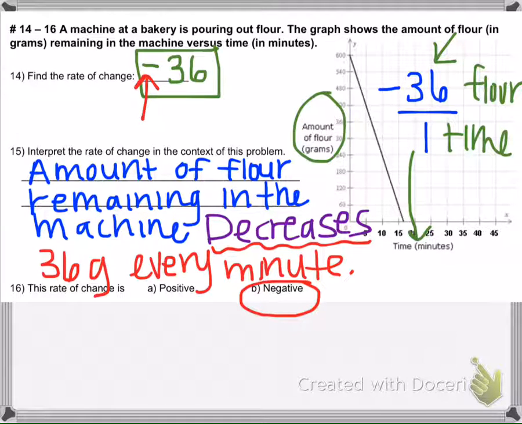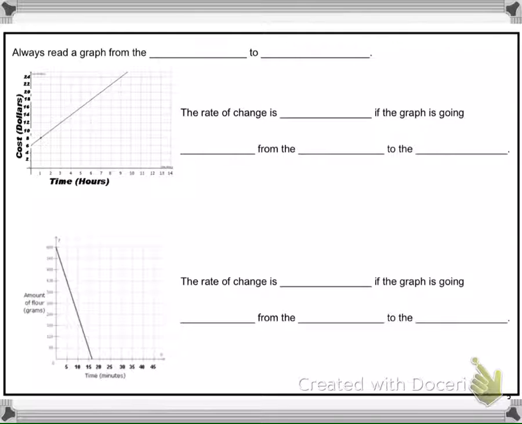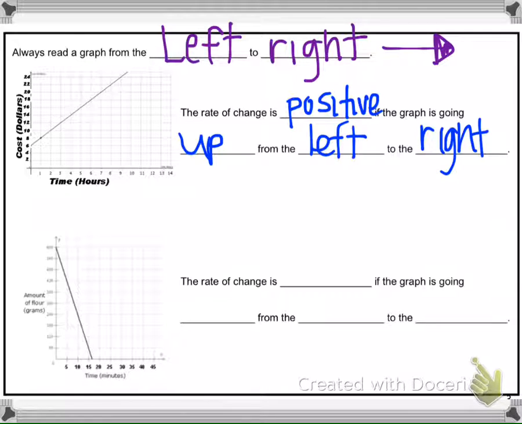Now notice, we always read a graph from left to right, so from the left side to the right side, it's going down, and the rate of change was negative. So what I want you to see from the last two examples, the one we just finished and the one we did last class, is that if we always read a graph from the left to the right side, the rate of change will always be positive if the graph is going upward.